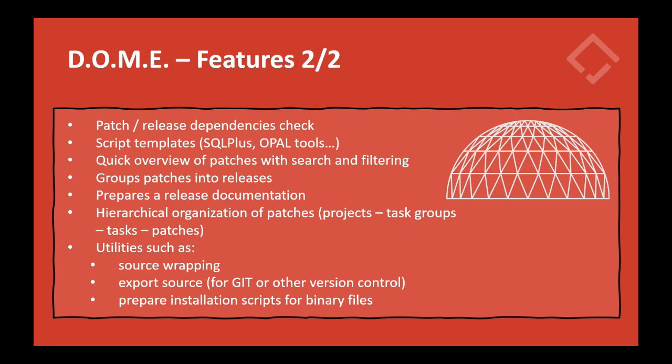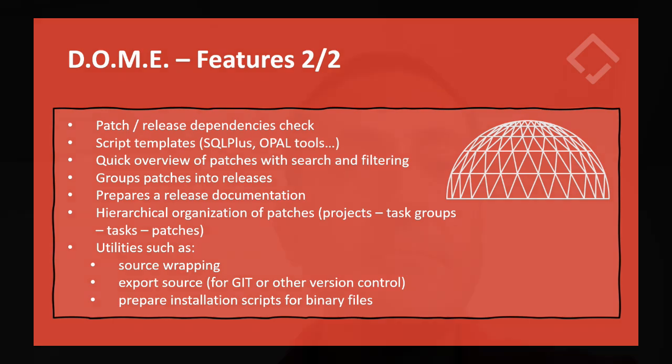Another utility can help you to prepare installation scripts for binary files. This way, some binary files like Word documents, templates or images, such as logo images, can be transformed into installation scripts and easily included into patches.